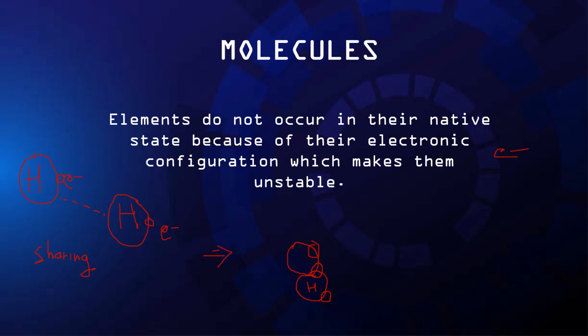Or you can write it like this: hydrogen bonding with hydrogen. So it gives us a molecule of H2. In this way, atoms bond with each other, or with other elements, to form molecules.